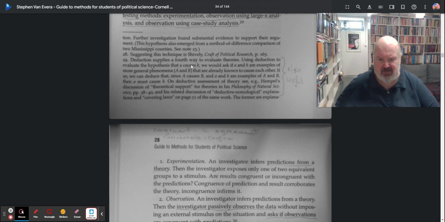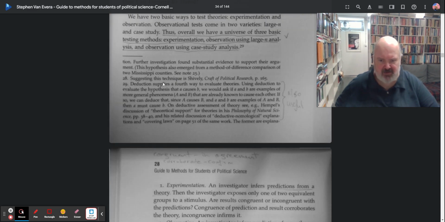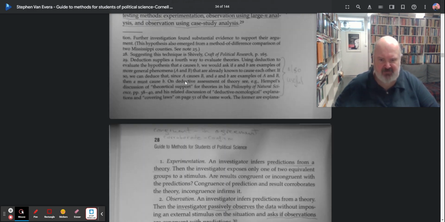Deduction applies a fourth way to evaluate theories. Using deduction to evaluate the hypothesis that A causes B, we would ask if A and B are examples of a more generalized phenomenon, A and B, already known to cause each other.